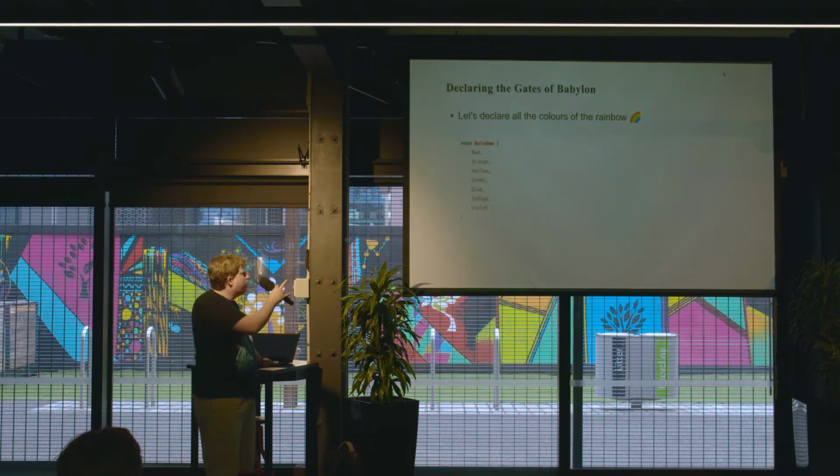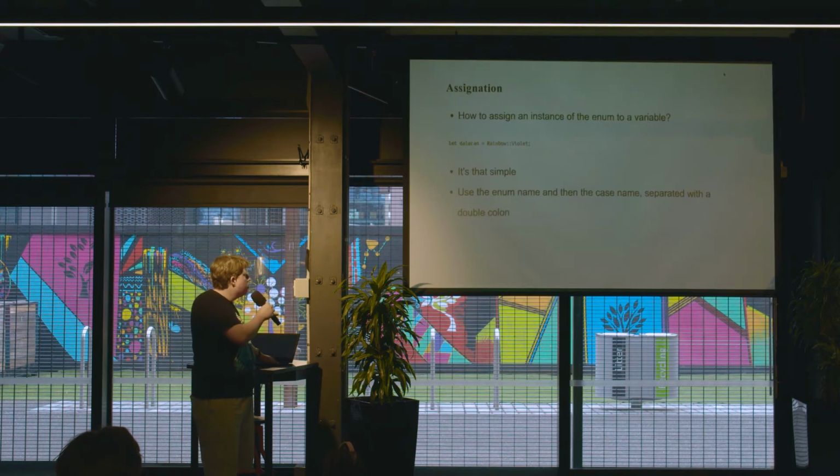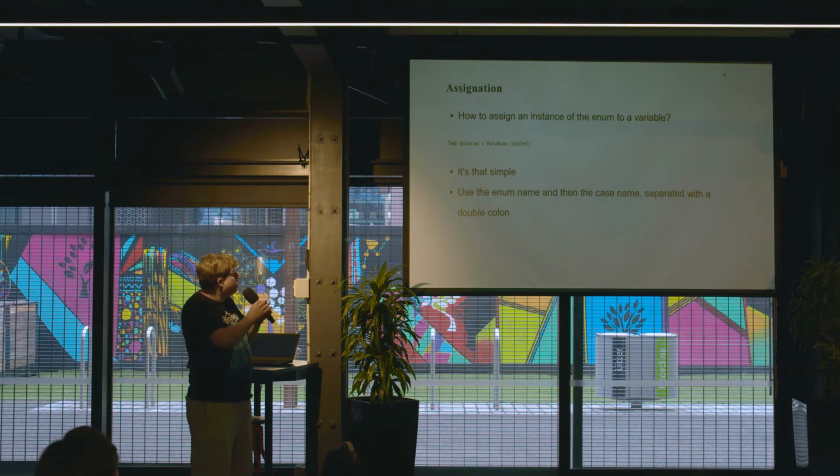So this is our declaration of an enum. You've got enum, the name, and then the different cases that it can be. These ones are just basic, so this looks pretty much the same as a C enum or Java enum right now, and it kind of is. To use it, you just say let, a variable name, equals, then your enum type name, double colon, and the enum case.